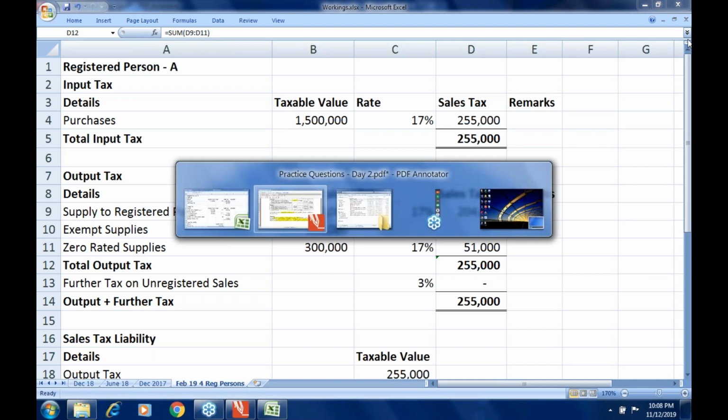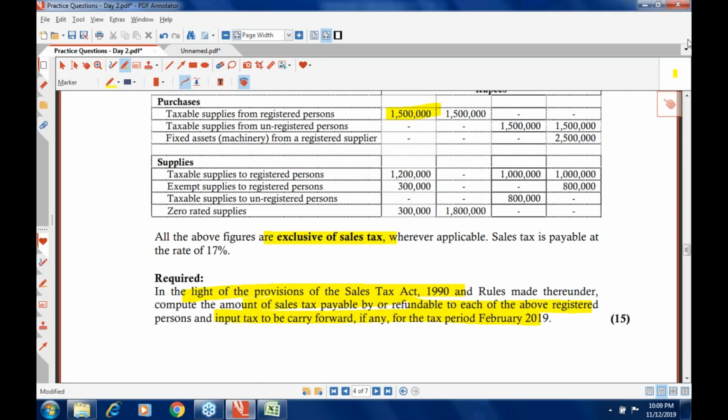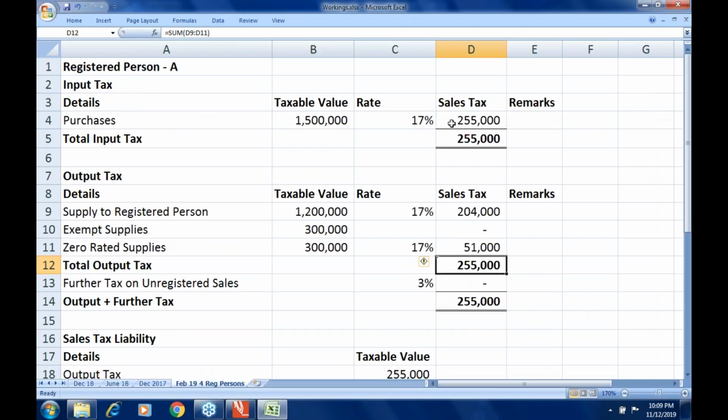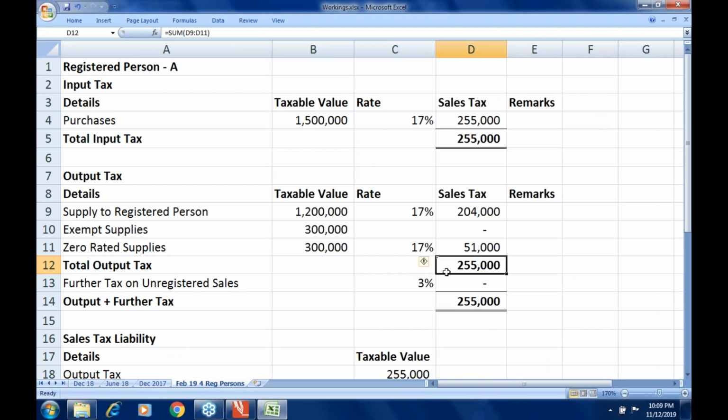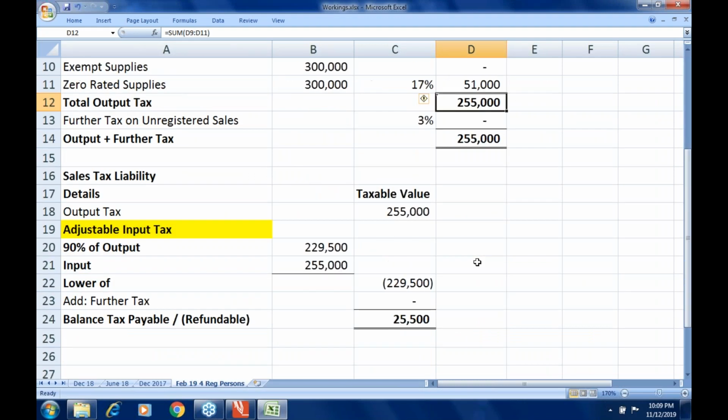So if you look at this, we have 1.5 million, which was majorly the only input. So we put that. Then there was the output: the supply to registered person, exempt supply to registered person, and zero rated supply. So we put in all these things, and resultingly this is how it is. The output tax is 255,000.